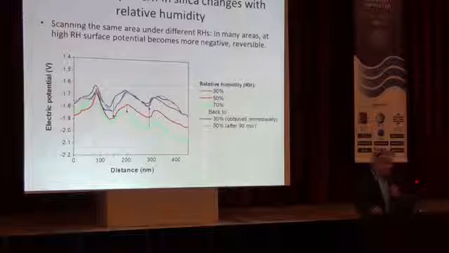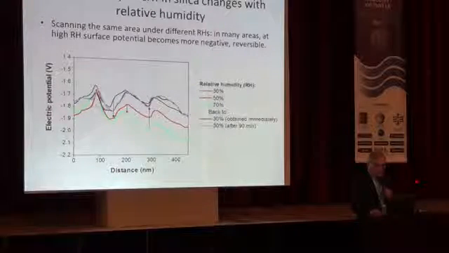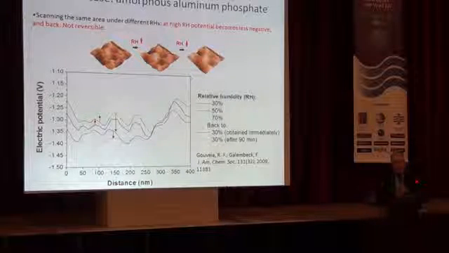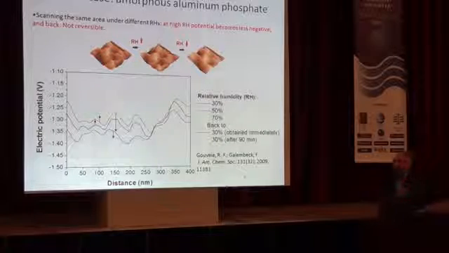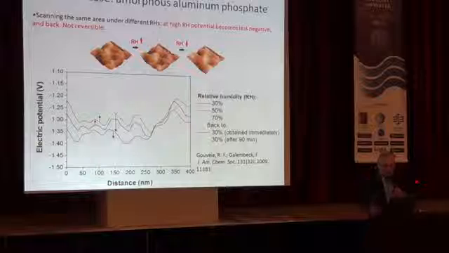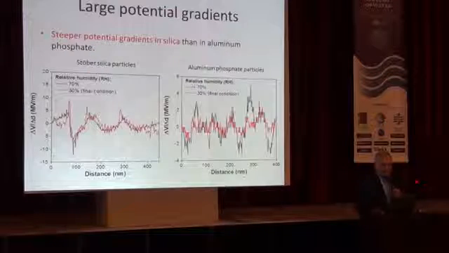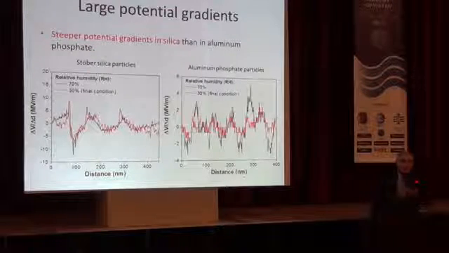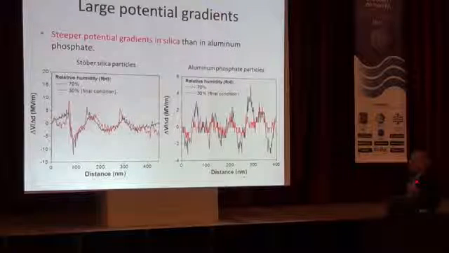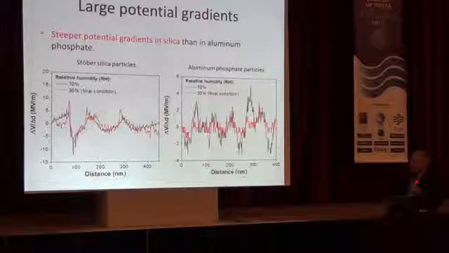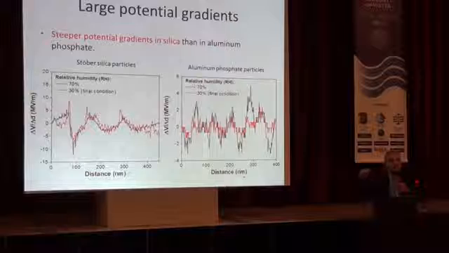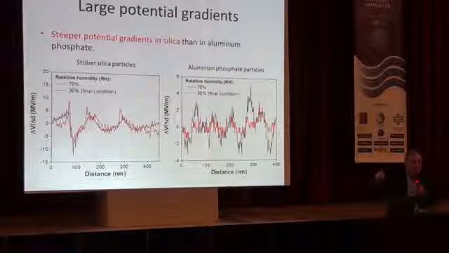So, compared to water absorption, we have negative charge. In aluminum phosphate, we have the opposite: at higher humidity, we have more positive charge at the surface. And one thing that is, to me, remarkable, is the size of the potential gradients that you can measure across these surfaces.